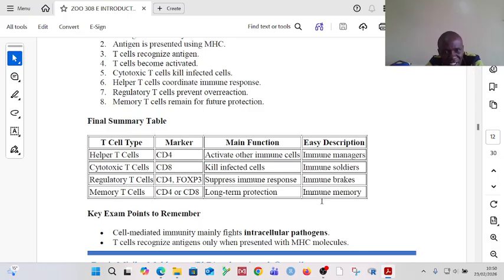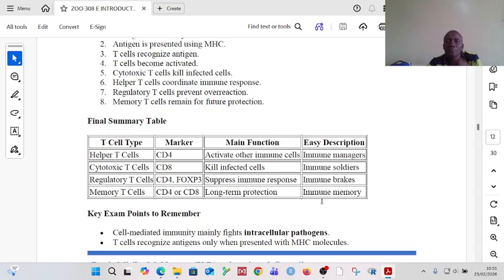Regulatory T cells, whose job is to regulate the immune system, to ensure that it does not overreact, so it suppresses the immune response. Memory T cells, whose job is to provide long-term protection. They hang around so that in case there is a reinfection, these memory T cells are present to offer that protection. We call that the secondary immune response.